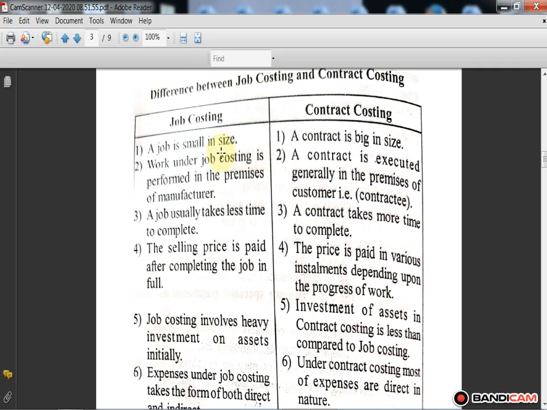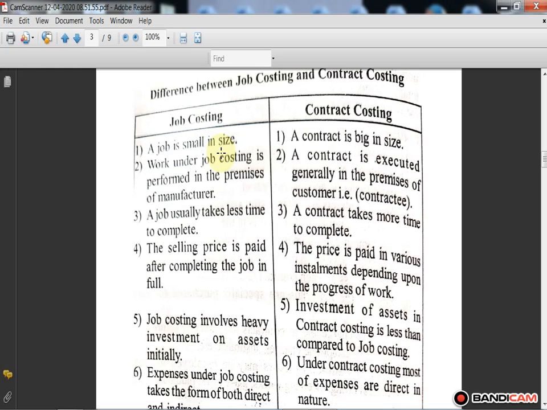First point, in job costing, a job is small in size, whereas in contract costing, a contract is big in size. Second point, work under job costing is performed in the premises of the manufacturer.